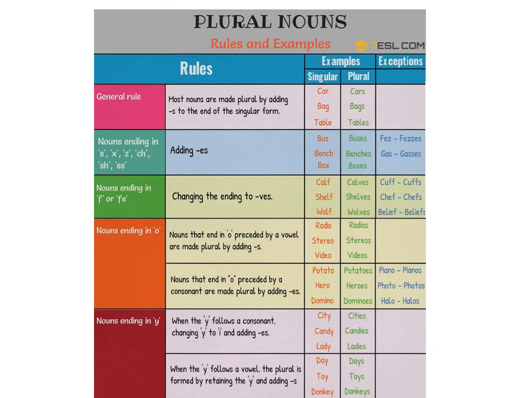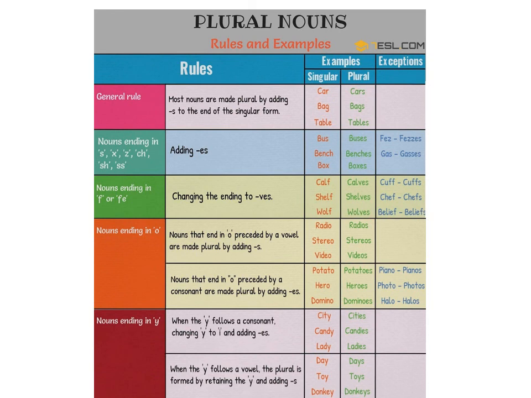And then nouns ending in o, if that o is preceded by a vowel, we need to add s. But if that o is preceded by a consonant, we need to make it plural by adding es.